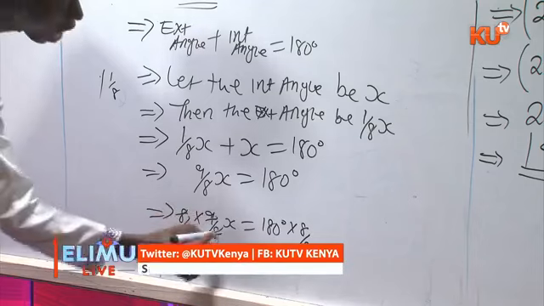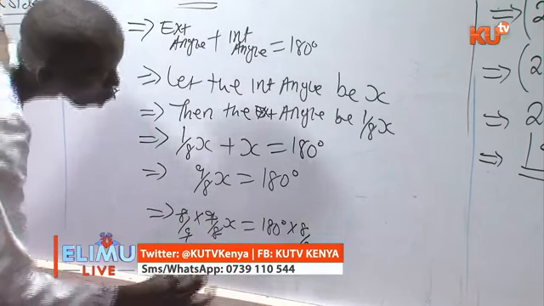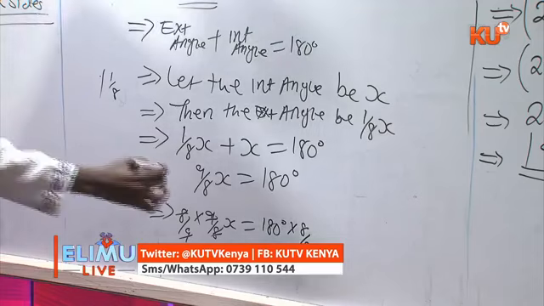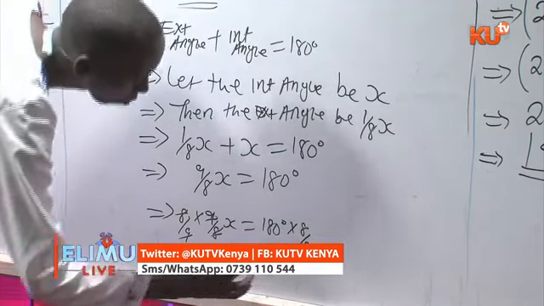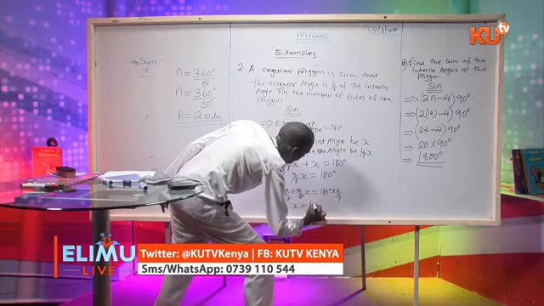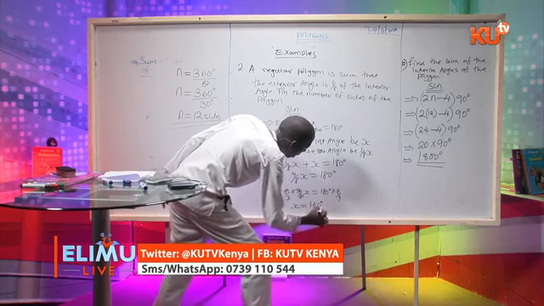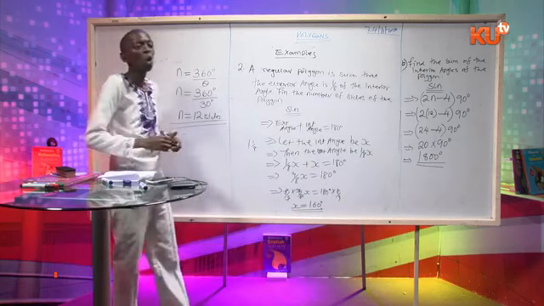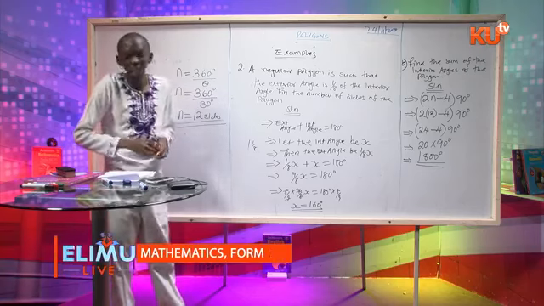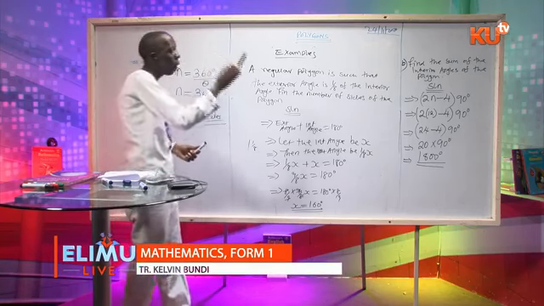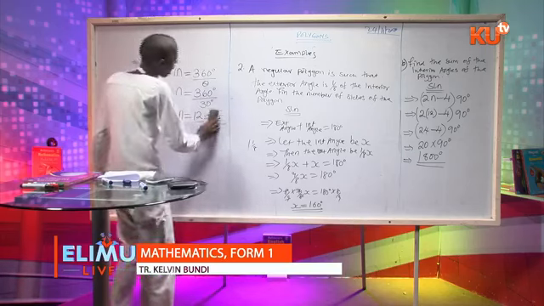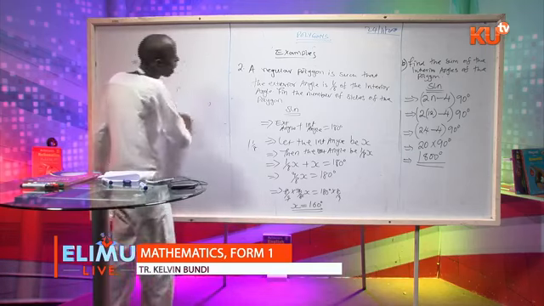And therefore, you'll have x is equal to 180 degrees multiplied by 8/9. You'll get 160 degrees. Therefore, x is equal to 160 degrees. Using our formula of getting n, we can get the number of sides of that polygon.